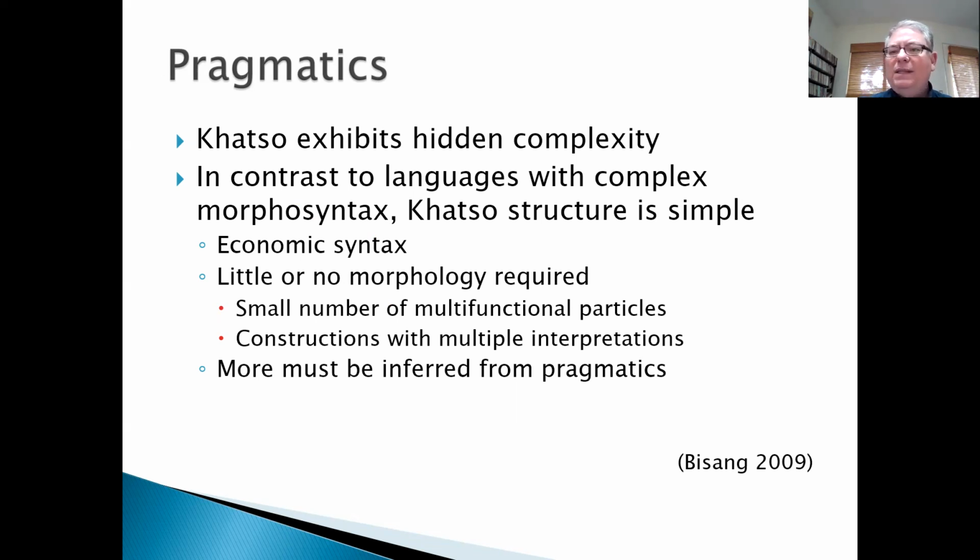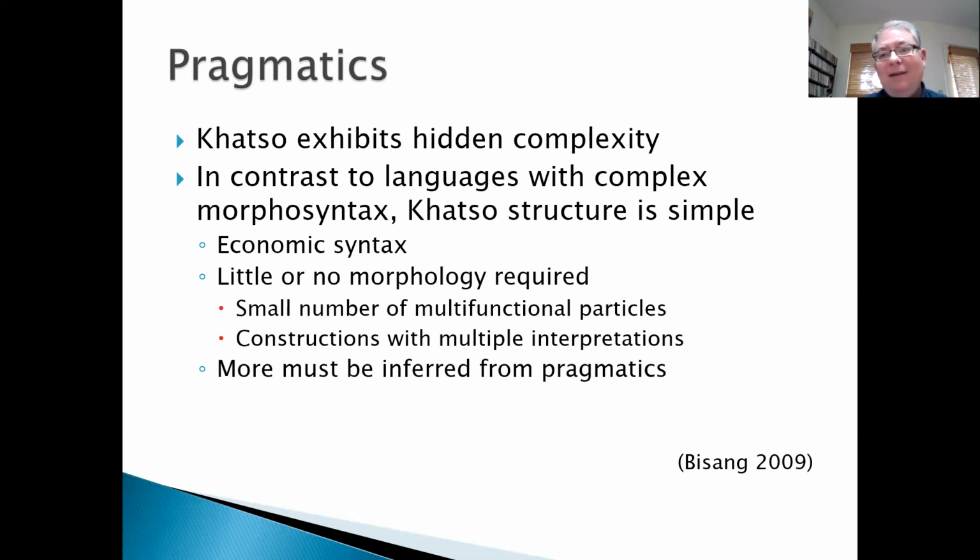That's very different from what we see in languages like Khatso, which has a very simple structure. In fact, a deceptively simple structure, right? No morphology, lots of flexibility in word order, et cetera, makes it a little harder to always understand what's going on. So what's been pointed out in this hidden complexity is that you have economic syntax, you have little or no morphology, and you have a small number of particles that are often multifunctional.